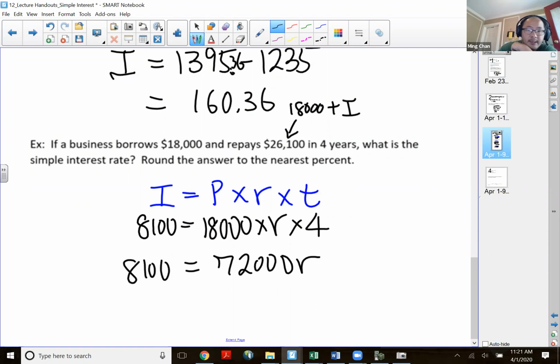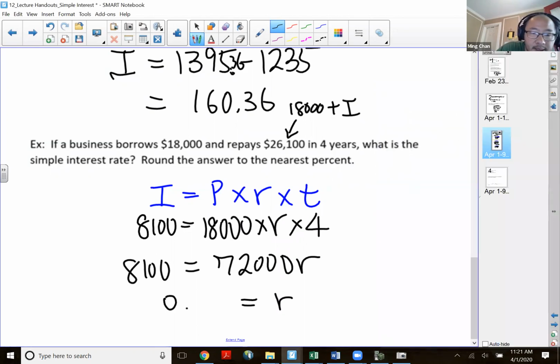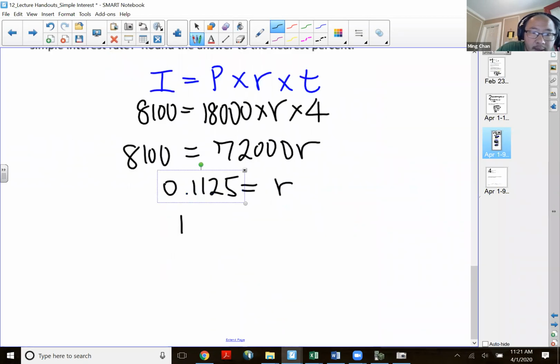So to get R by itself, we divide both sides by 72,000. So 8,100 divided by 72,000, my answer, 0.1125. So this is not a percent yet. So if I multiply by 100, it becomes a percent, which is 11.25%.